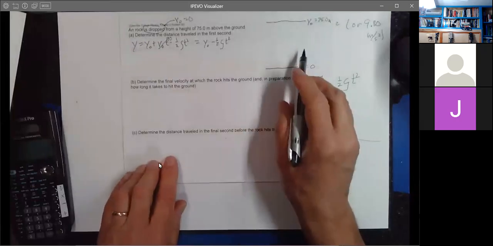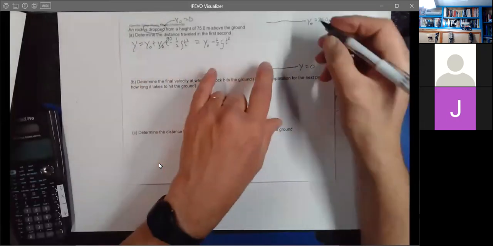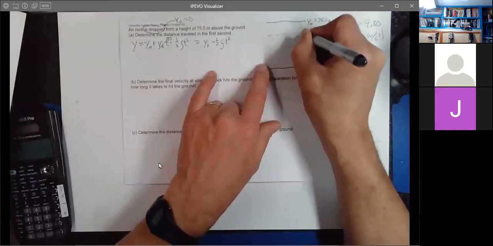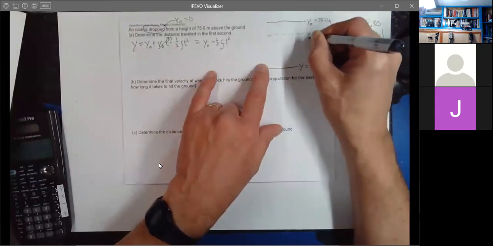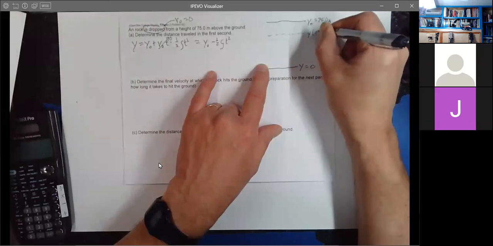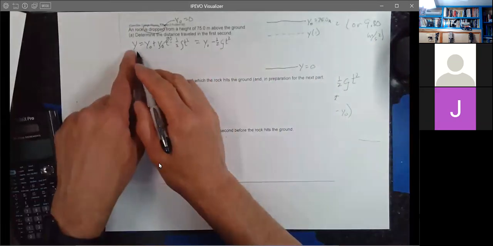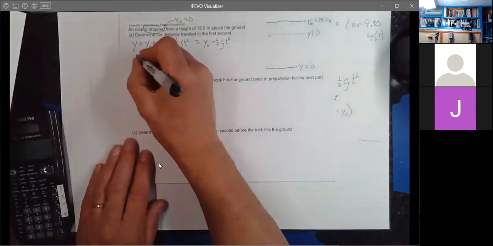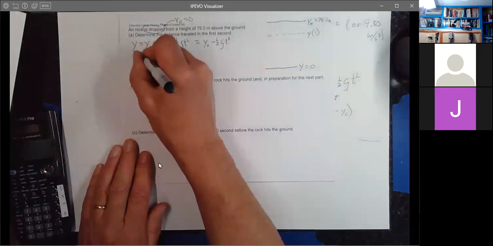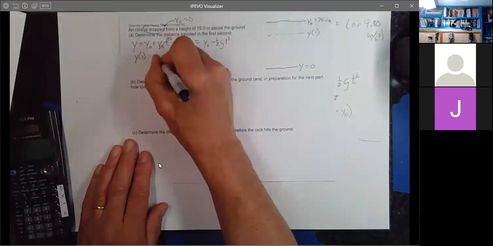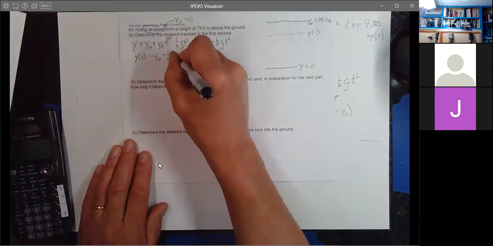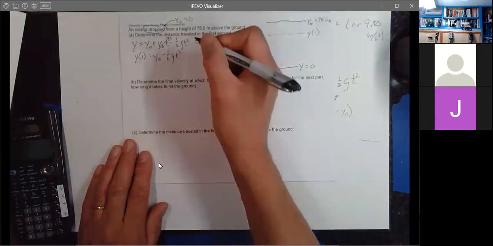I think I could. After 1 second, it's going to be at some new position, I'll call it y of 1 here. I can think of that as y of 1 second. y of 1 is going to equal y naught minus 1/2 gt squared.